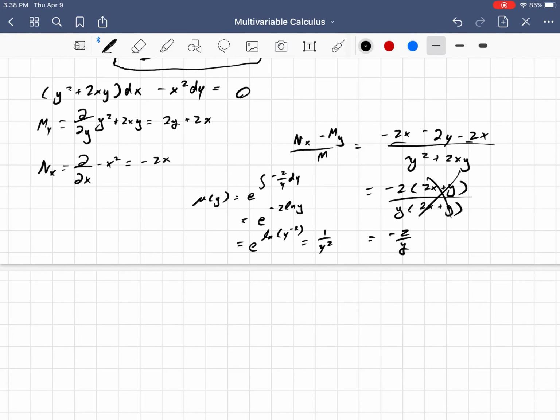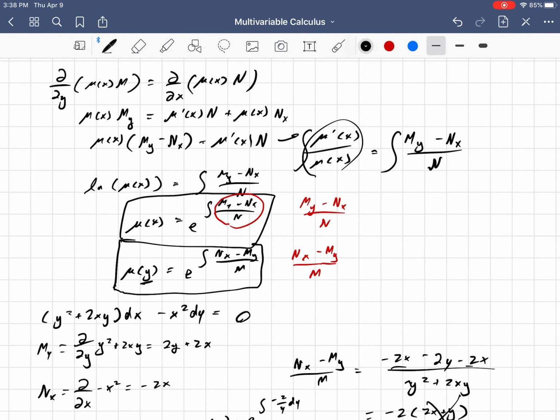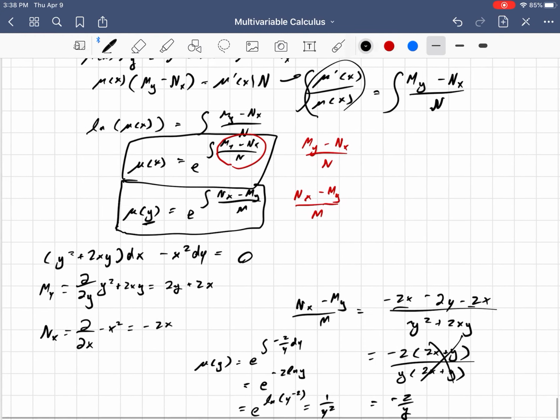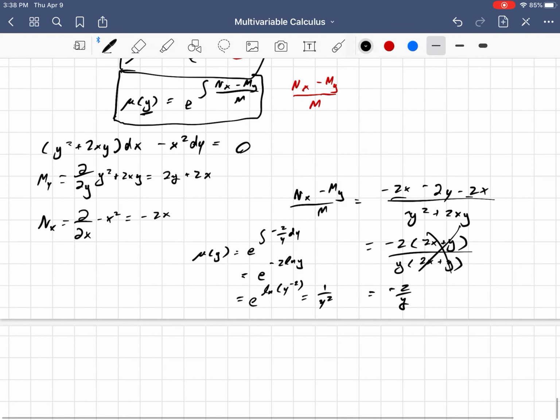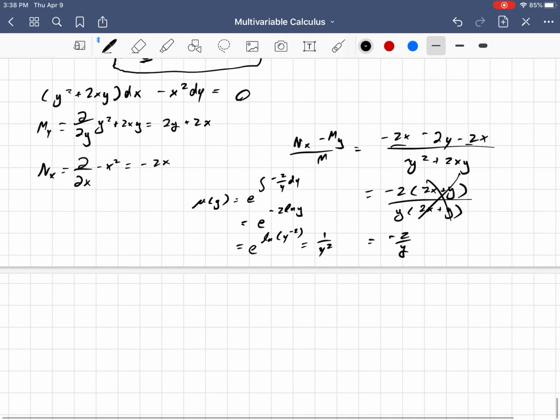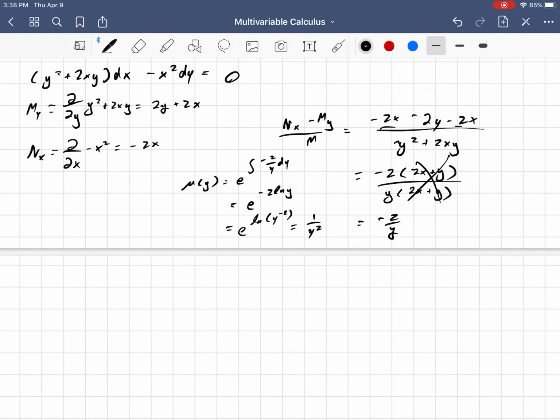So now when I multiply this equation by 1 over y squared, it's guaranteed to be exact. I don't need to check it for exactness because I assumed it to be exact if this integrating factor gives us something solely in terms of x and y, based on the derivation above.